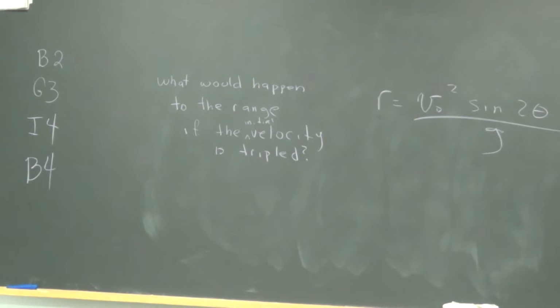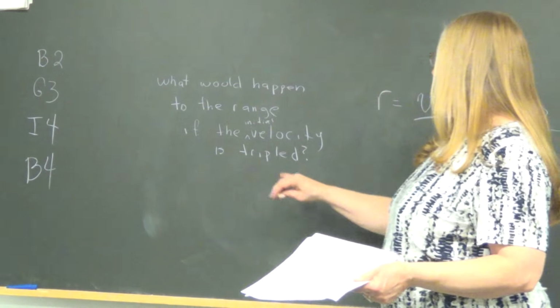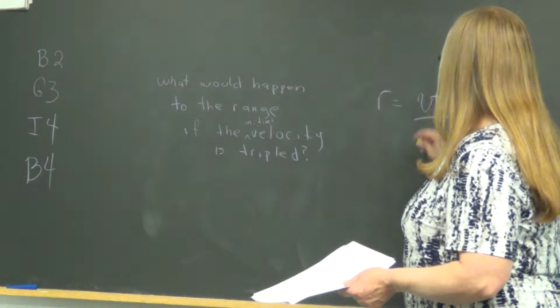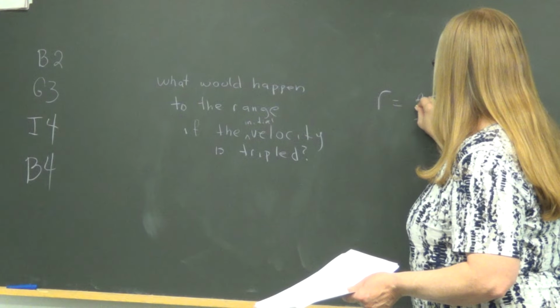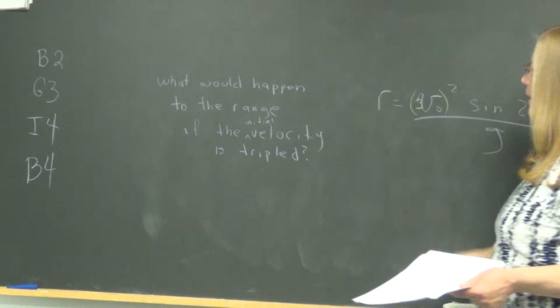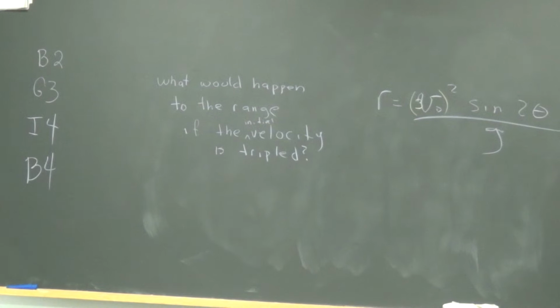All right, let's talk about it. So I'm going to go in with my tripled, my 3, and I'm going to put it right next to the V like that. But notice when it hugs the V, the 2, the squaring, will also be applied to both the 3 and the V. So if you have an adjustment to make, make it quickly.